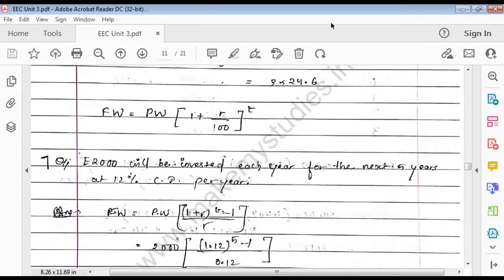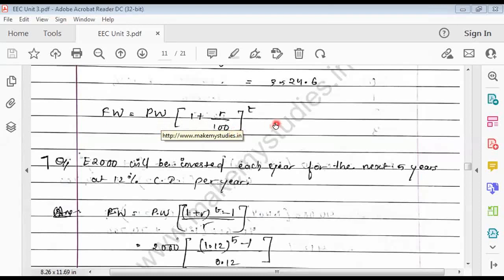The first formula, let me bring in the highlighter, is this one, and this is nothing but the compound interest formula, just with different notations. Instead of A, we have written FW. Instead of P, that is principal, we have written PW.